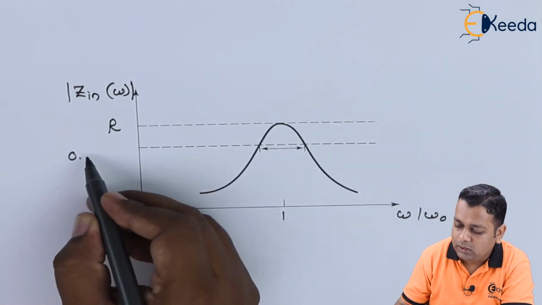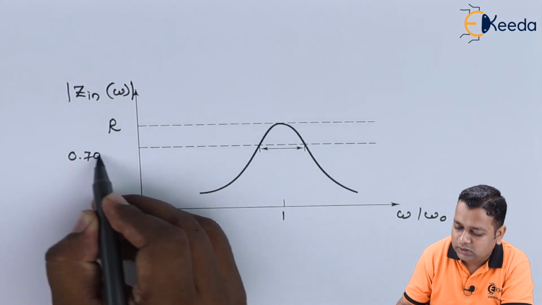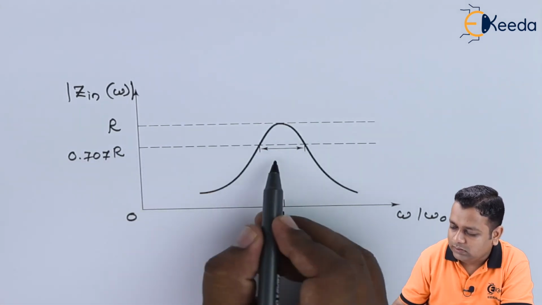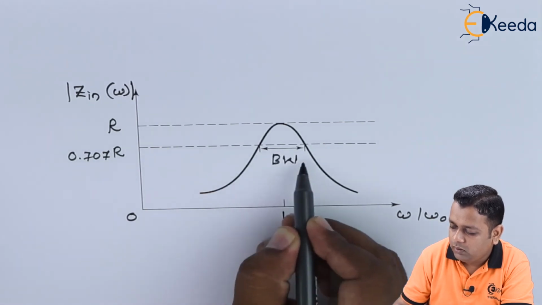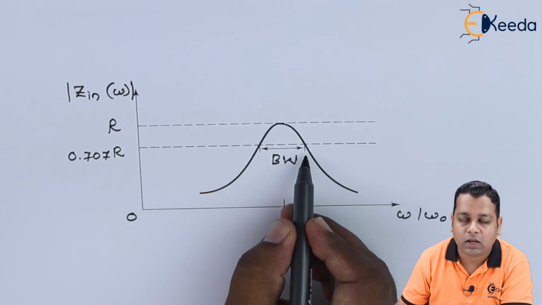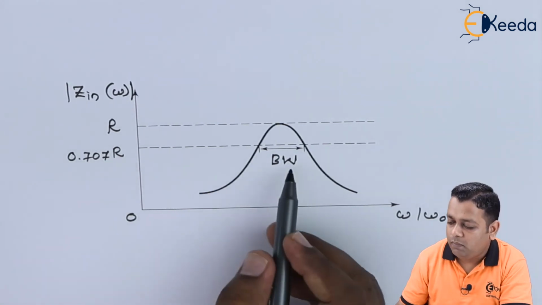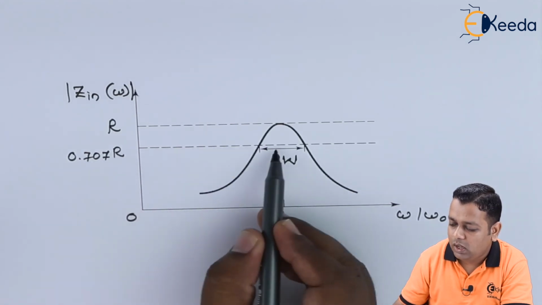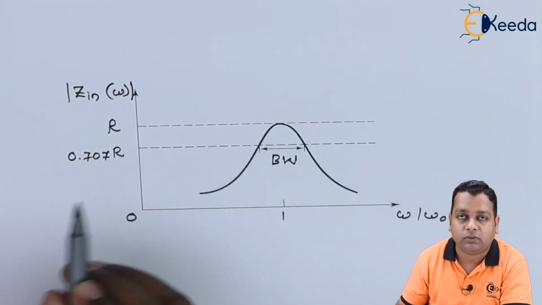The half power point that we talk about is basically 0.707 times the value of R. Hence this is the range of frequencies for the corresponding two markings, that is the bandwidth here. So it is for the half power. The half power is achieved at this particular level.